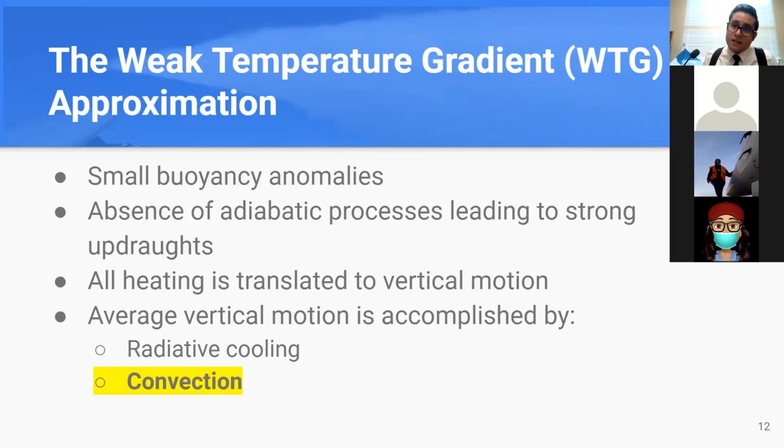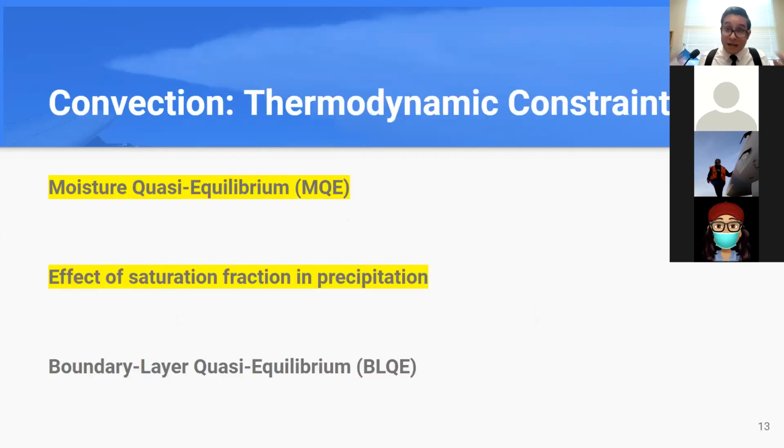All heating is translated into vertical motion, and the average vertical motion is accomplished by either radiative cooling or convection. I highlighted it because I'm going to talk about what convection is. So, speaking about convection, there are three thermodynamic constraints that govern the average behavior of convection in the tropics.